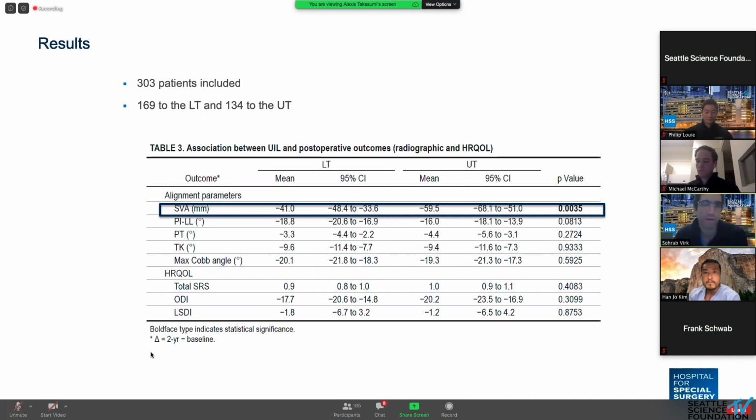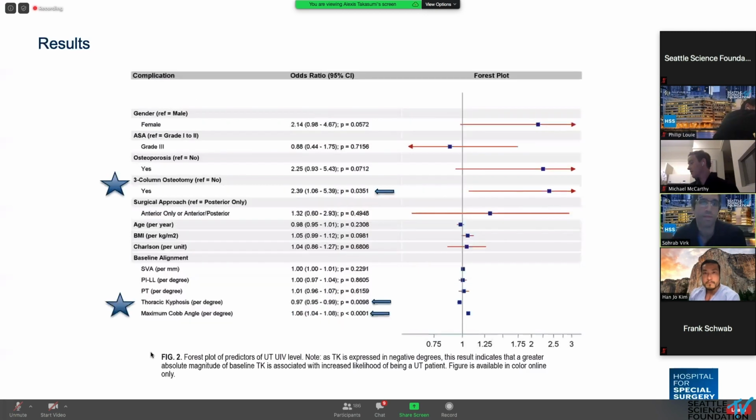If they had greater preoperative Cobb angle in terms of their coronal alignment, greater thoracic kyphosis, or a larger change in SVA, they were more likely to get an upper thoracic UIV. Obviously, you need more strength of a construct then, and therefore people were more likely to go to the upper thoracic spine.